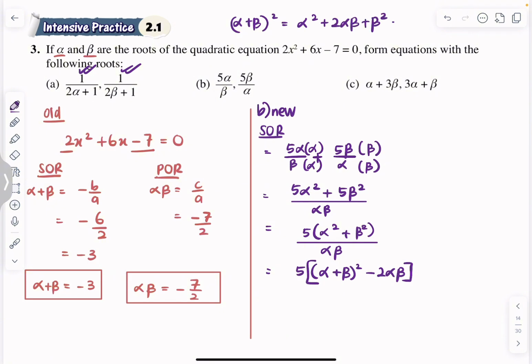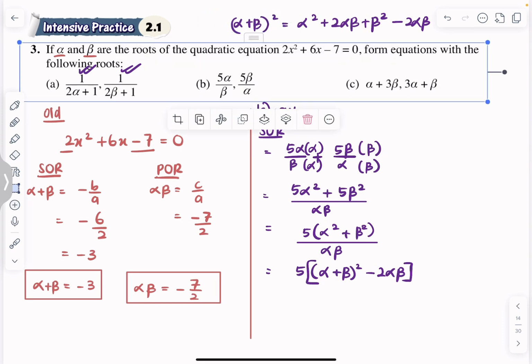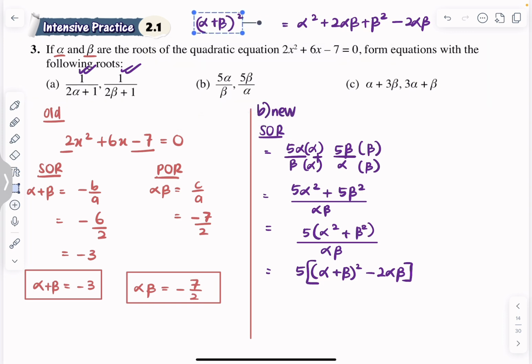So we have to minus off the 2 alpha beta so that we only get alpha square plus beta square.